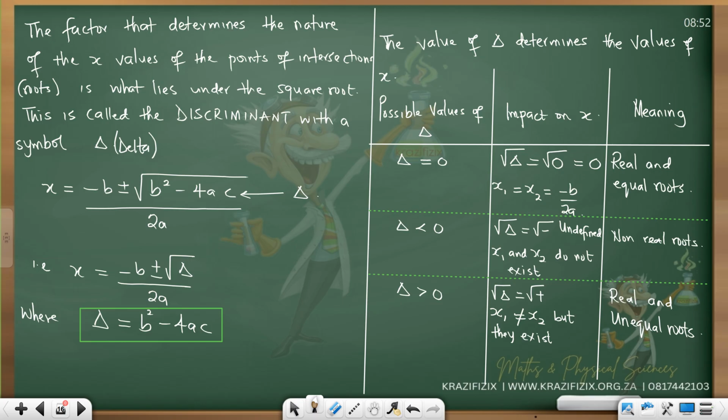These are possible values, but we're going to go a bit in depth into this. And we'll look at an equation to really see what this means. Before I draw my entire table, let's go into each of them one by one.